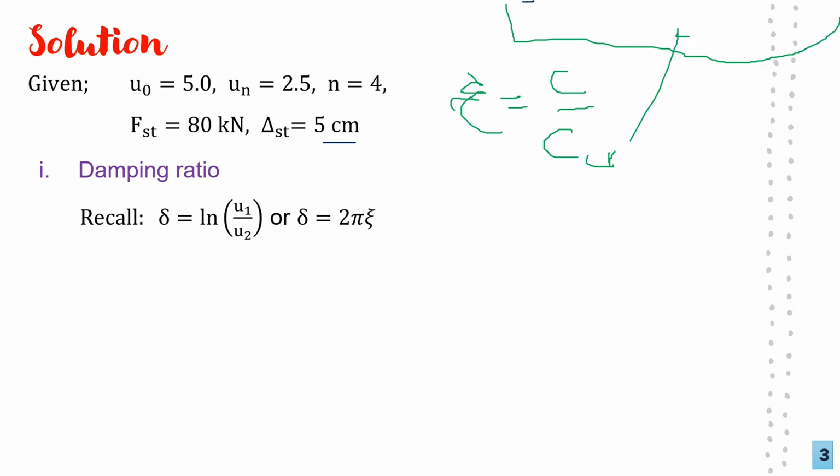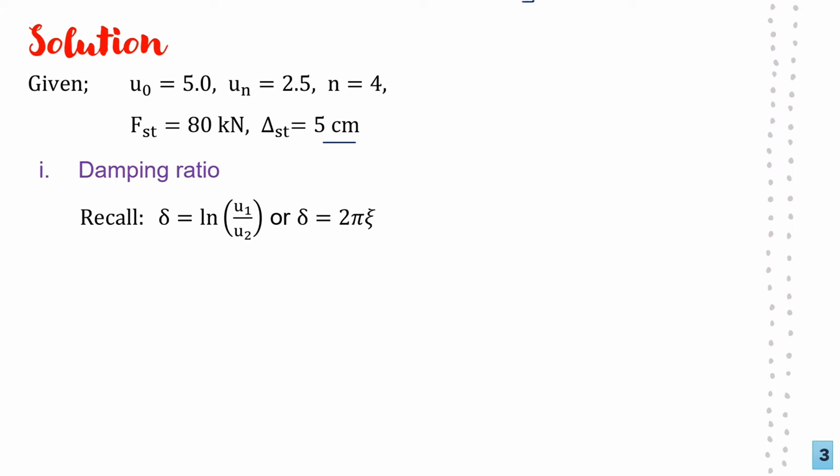So recall again from the same lecture, lecture number 3, what we called the logarithmic decrement. Logarithmic decrement is something like this, and it's well explained in that lecture.